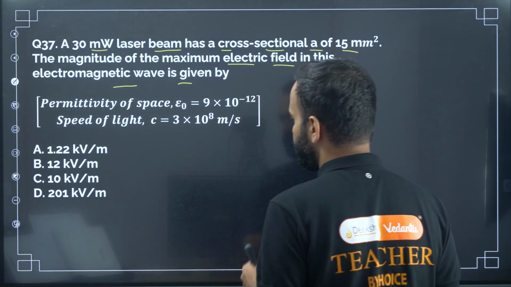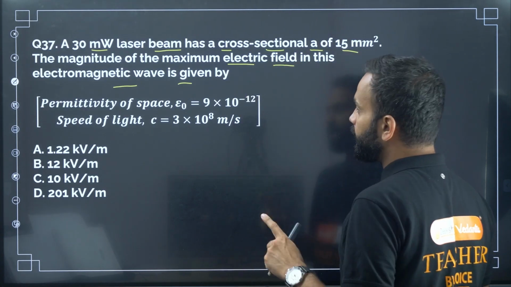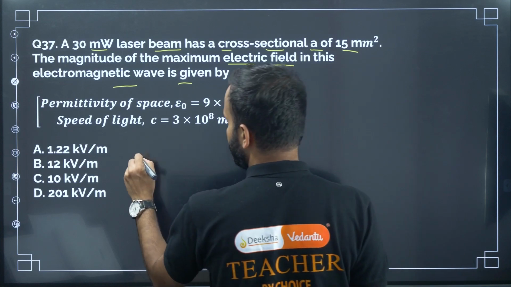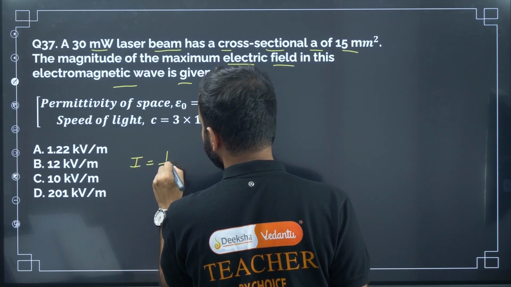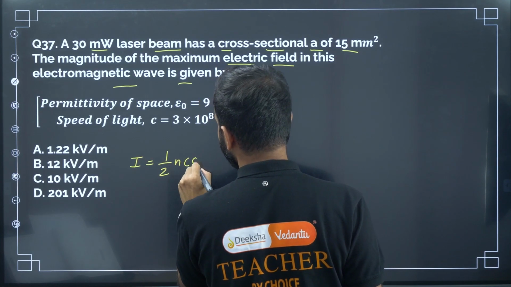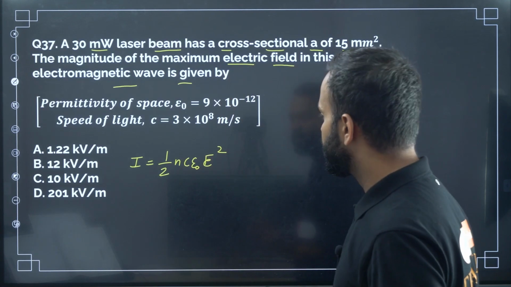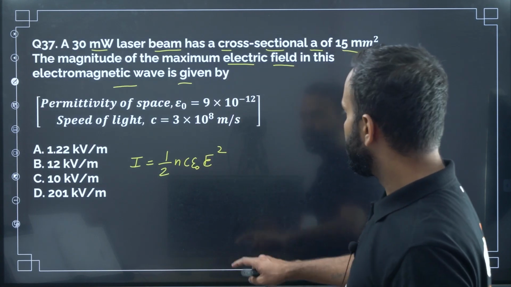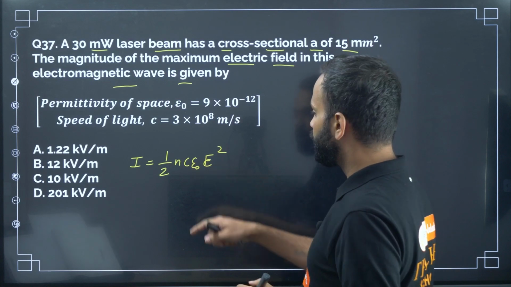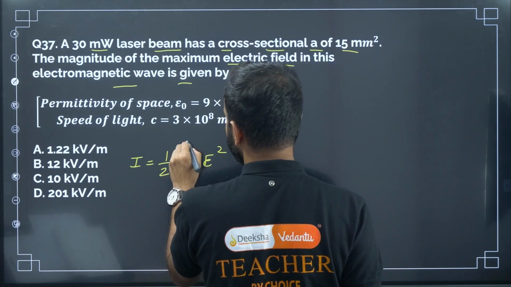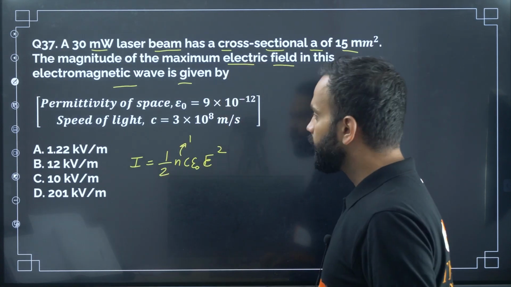So we know that intensity of the electromagnetic wave I equal to half N C epsilon naught into E square. So what is N? Refractive index of the medium. Here the medium is air, so N equal to 1.